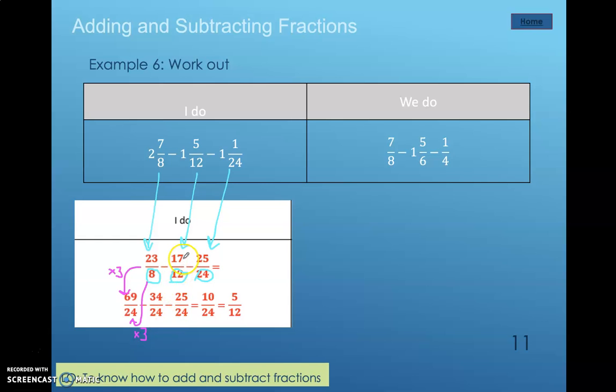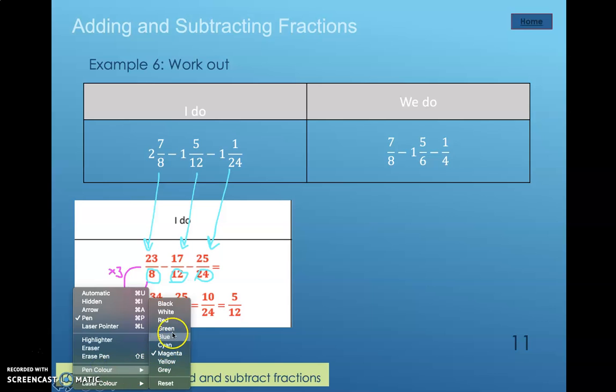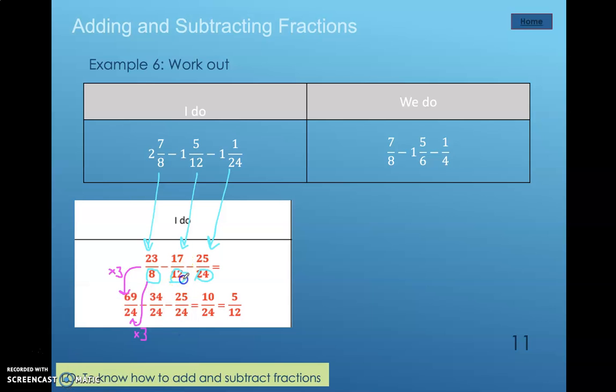So now what do we have to times our second fraction by? So we times the bottom by 2, and therefore that means that we have to times the top by 2. So we get 34 on the top, 24 on the bottom. Our last fraction, 25 over 24, already has that 24 denominator that we're after.